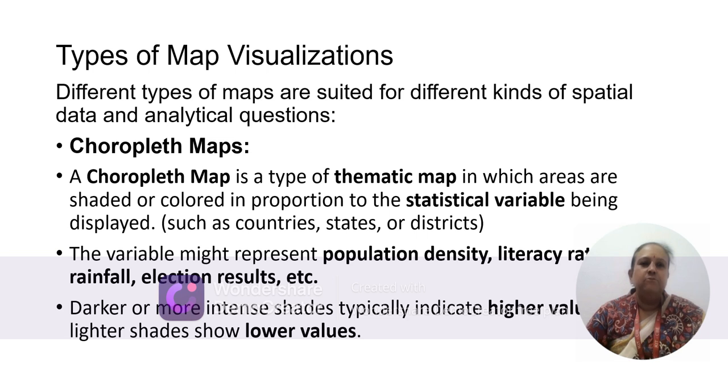A choropleth map is a type of thematic map in which areas are shaded or colored in proportion to the statistical variable being displayed, for example across countries, states, or districts. The variable might represent population density, literacy rate, rainfall, election results, etc. Darker or more intense shades typically indicate higher values and lighter shades show lower values.